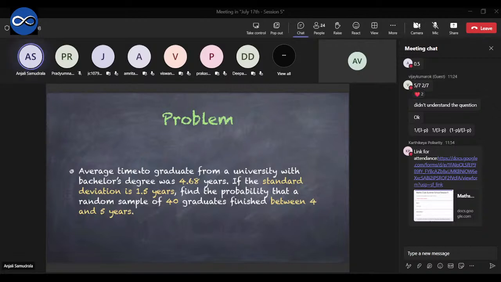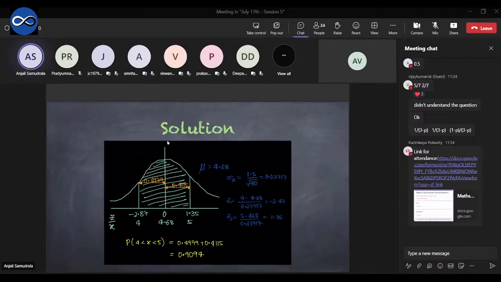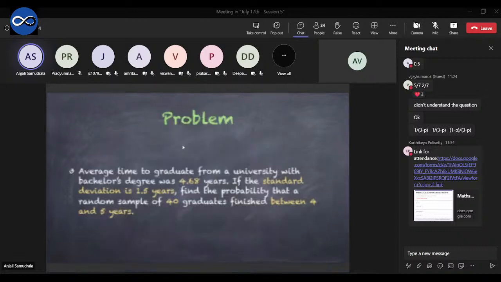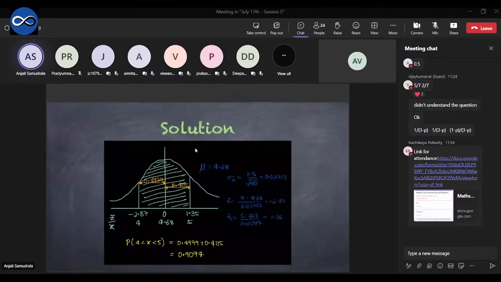So the mean equals 4.68 and the new standard deviation equals 1.5 divided by root 40, which is 0.23717. Now we find the normalized constant for 4 and 5. The mean is 4.68, so the zero will coincide with 4.68.